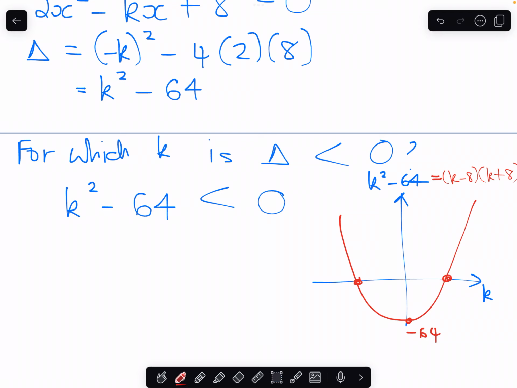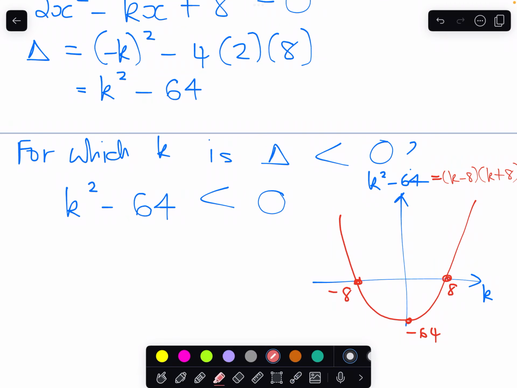Meaning that our x-intercepts are negative 8 and 8. So k squared minus 64 is negative over here, which in other words is when k is between negative 8 and 8.